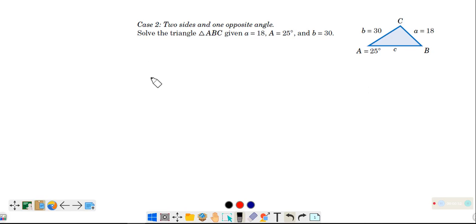Okay. So before we continue, lagay muna natin dito yung formula for law of sines.